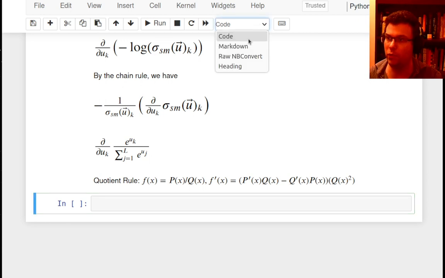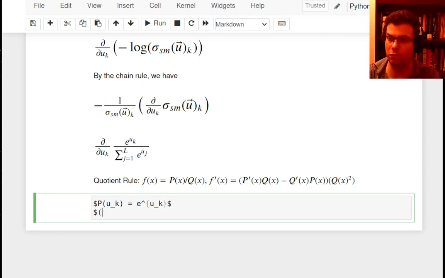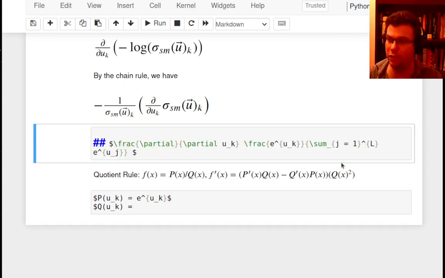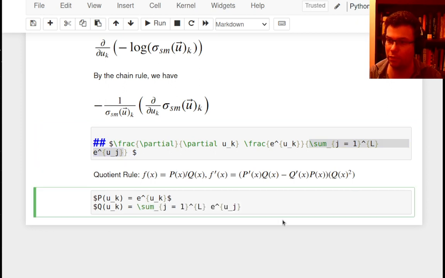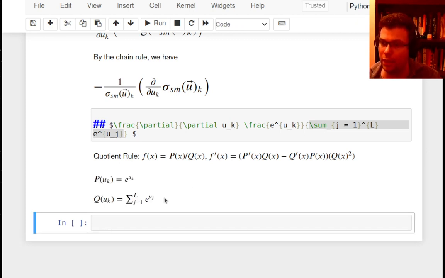Here I'm going to let p of u_k, because that's the variable we're varying here, be equal to e to the u_k, and q of u_k just equal to that denominator, which does involve e to the u_k at some point. We're going to sum up all of these terms, and u_k is going to be one of them.